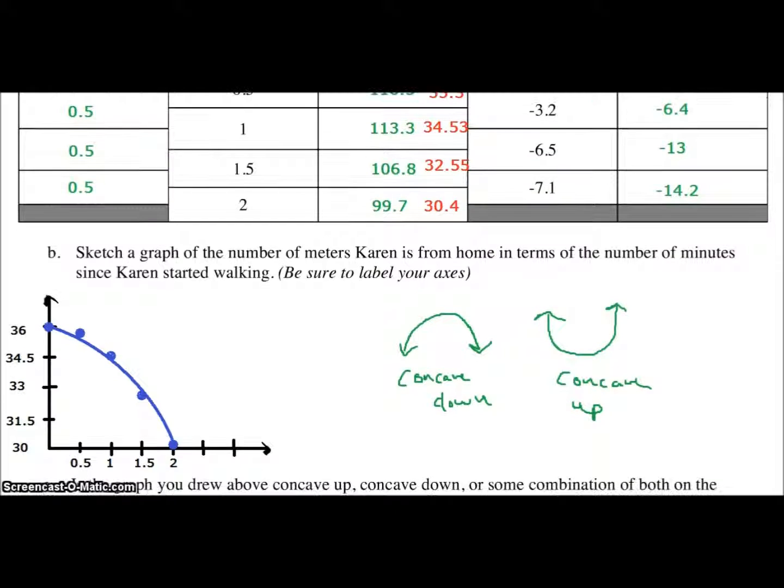But the key here is that our rate of change is decreasing. It's becoming more negative. If you drew a line at this point with the same slope as the function at that point, this is called a tangent line. Then if you drew another tangent line over here at this point, which line has the most negative slope?